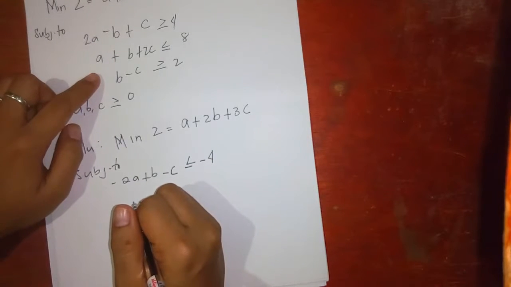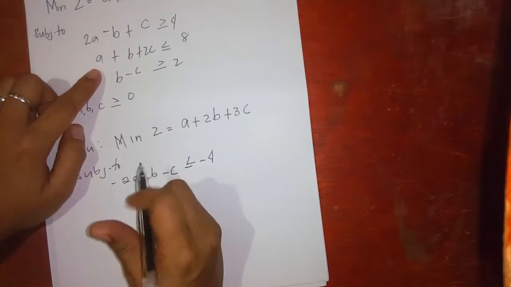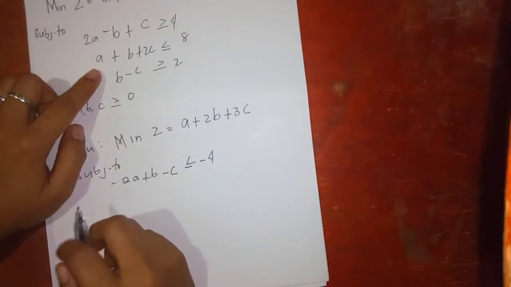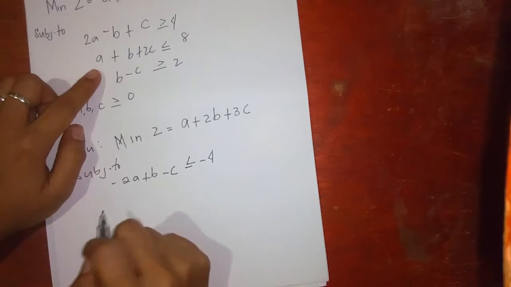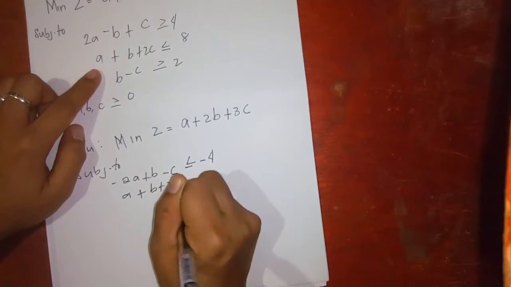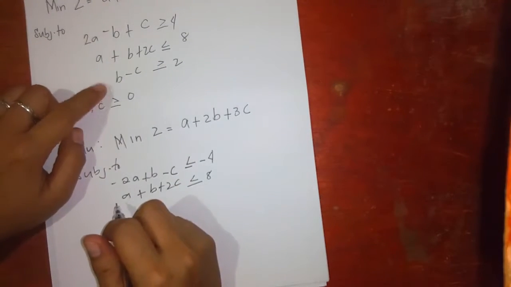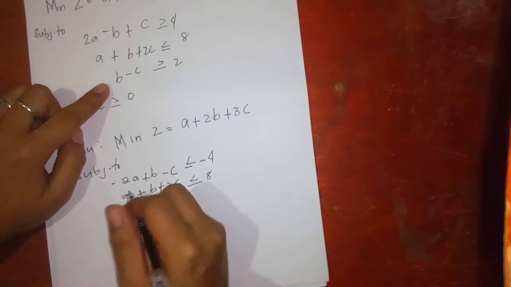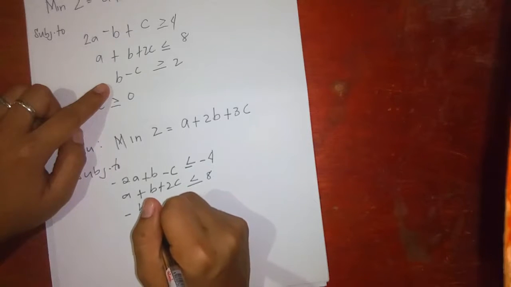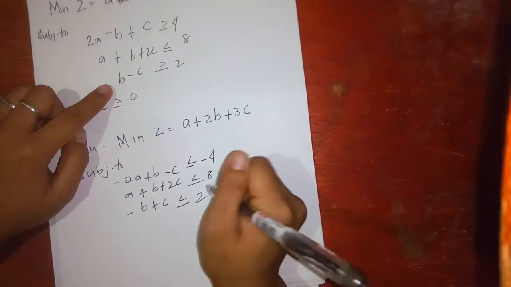Next, this one stays as is because it is already less than or equal to: a plus b plus 2c less than or equal to 8. Next, this should be changed: negative b plus c less than or equal to negative 2.